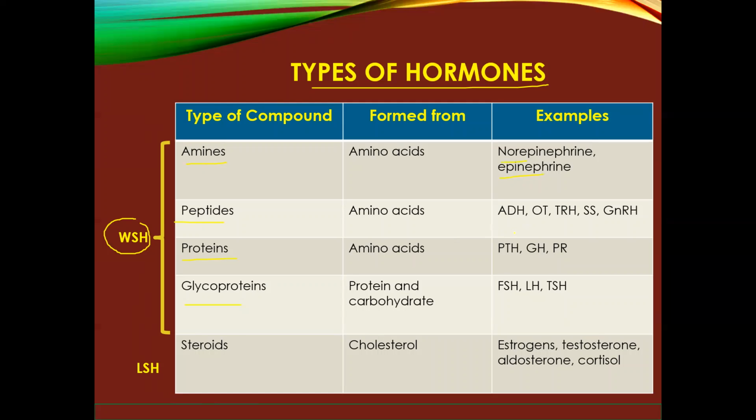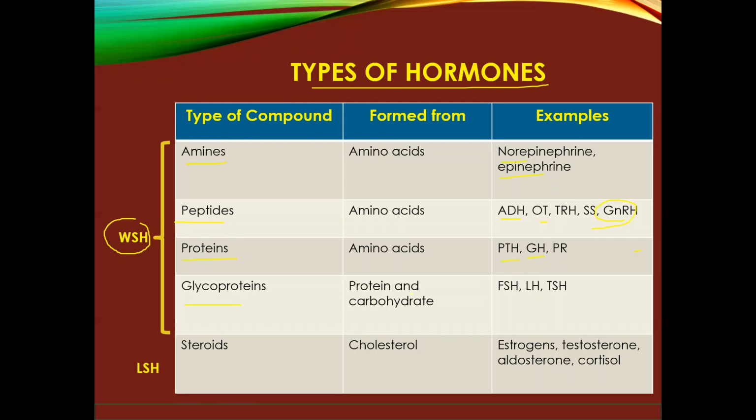Those made of peptides are ADH, antidiuretic hormone, OT, oxytocin, TRH, thyrotropin releasing hormone, SS, somatostatin, and GnRH, gonadotropin releasing hormone. Those made of proteins, for example, are PTH, parathyroid hormone, and growth hormone.